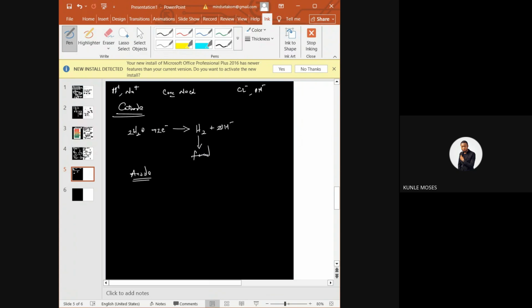So it simply means this base here is highly concentrated. Therefore, the discharge will favor the chloride ions because they are very concentrated, and they will be discharged at the anode at the expense of the hydroxide ion, OH minus. Is that taken? So instead of OH minus to be discharged at the anode, what will be discharged at the anode is Cl minus, the chloride ion.